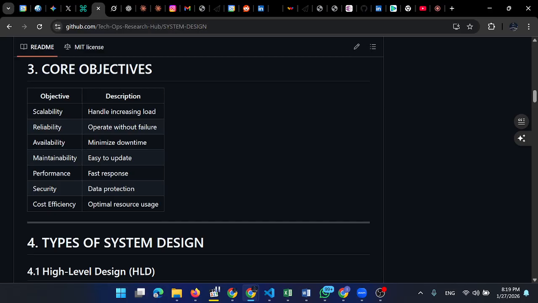So that is also very, very important. And at the same time, even with the cost cut down, it still gets to achieve its purpose without any issue. So that is a very important area to look at. So these are some of the core objectives that system design really helps us to look at.